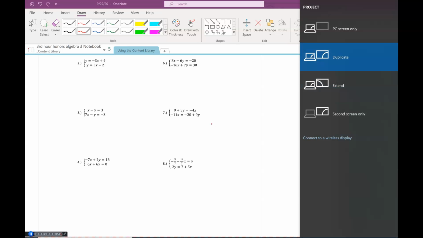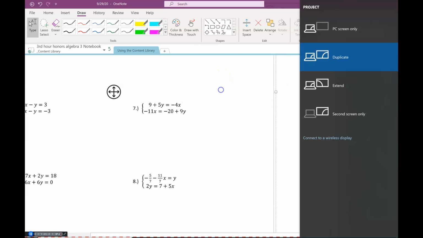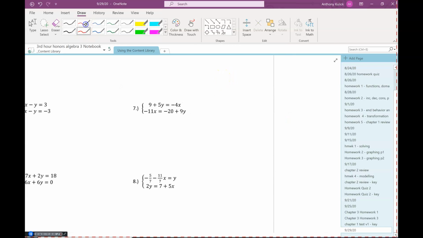There we go. Add 4x to both sides and then subtract 9 from both sides. And then from the second equation, I'm going to subtract 9y from both sides. So there's my new system. So far, so good, Anthony?